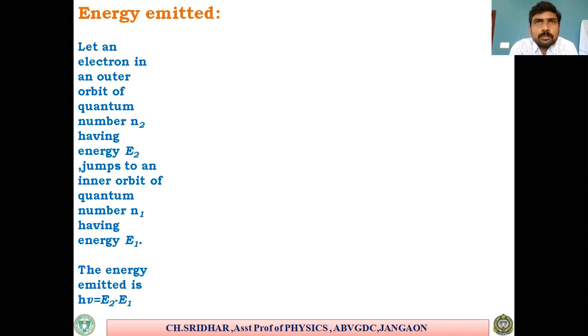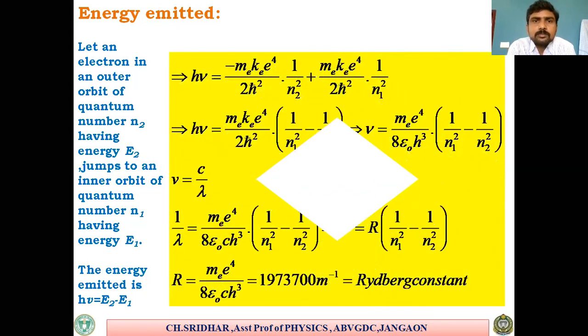So when an electron jumps from the higher energy state to the lower energy state, energy is emitted, and the energy so emitted is given by h nu is equal to E2 minus E1. And if you calculate the value of the energy in terms of radius and velocity, this is the energy emitted, that is h nu is equal to E2 minus E1, where we have the energy expression for En is equal to me ke square e to the power of 4 by 2 h cut square into 1 by n square.